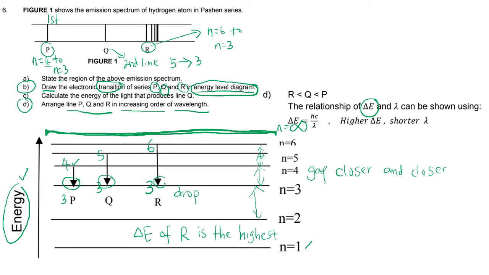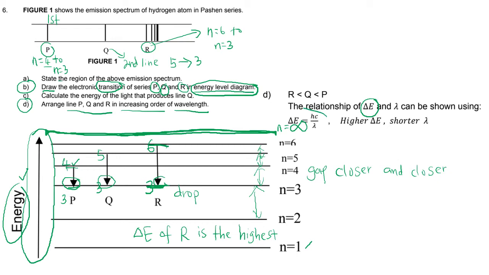How do we know? Because the vertical axis represents the energy, and if you look at the gap for R and the gap for P, we know the change of energy for R is the highest.